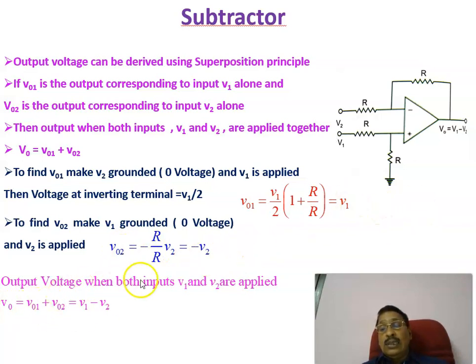The output voltage when both inputs are present can be obtained as per the superposition theorem: V01 plus V02, where V01 equal to V1 and V02 equal to minus V2, or V1 minus V2. That is, whatever signal you are giving at V1 is subtracted from the second signal V2 and is available at the output. Therefore, this is a simple subtractor, in which you can subtract the two signals by this method.